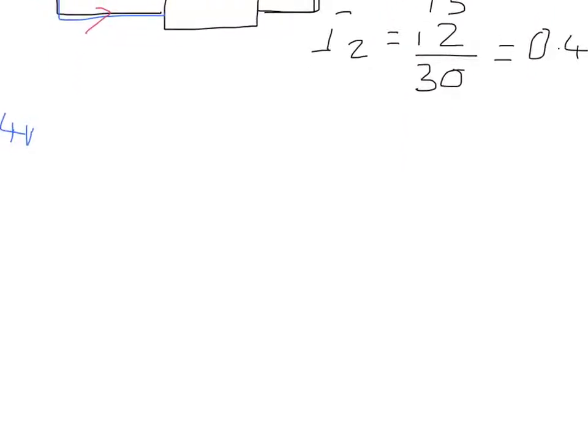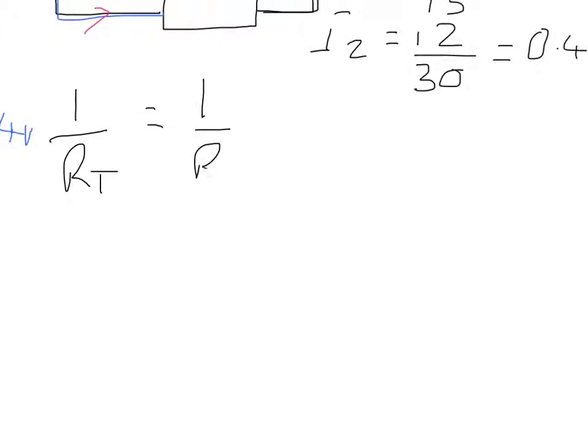So we can use the relationship that 1 over the total resistance is equal to 1 over each of the resistors that you have in the circuit.